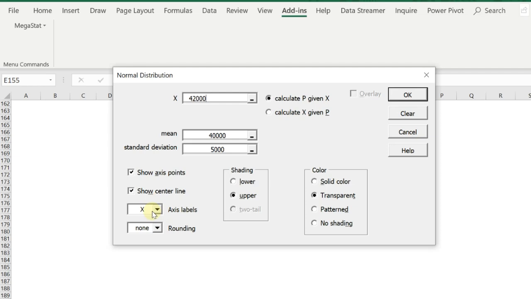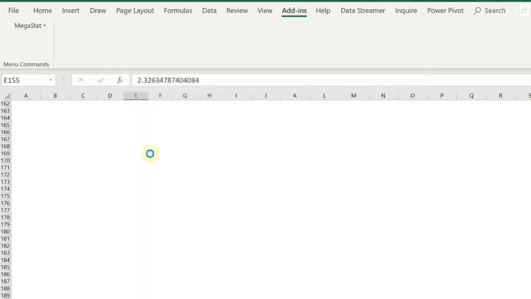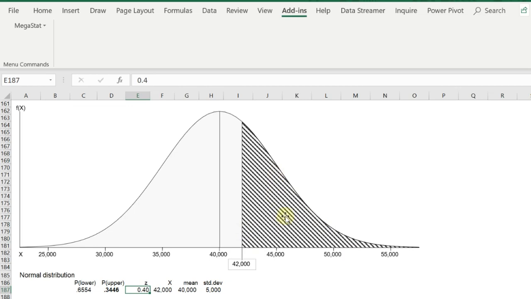I like to work with the original distribution. Just to be different, let me show you the pattern option, so you see what it looks like, maybe a cross hatch or a single hatch. If that is visually more appealing to you, then you're welcome to use patterned. But here's the answer to this exercise.